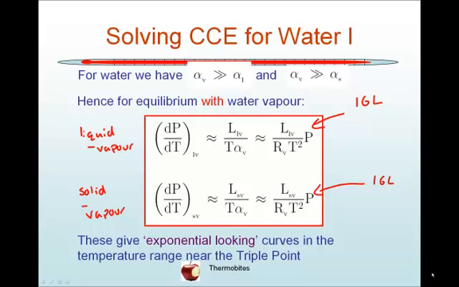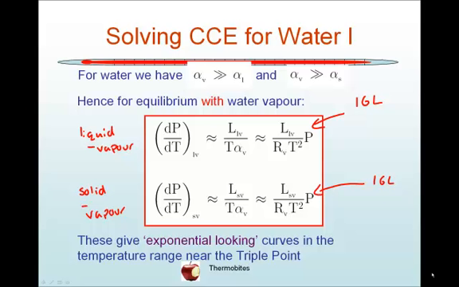So dP/dT for liquid to vapor is approximately equal to the latent heat between liquid and vapor, that's vaporization, divided through by the temperature and the specific volume of the vapor. And you can use the ideal gas law for the vapor and replace alpha with Rv, the specific gas constant for vapor, times T, so you end up with the term on the right hand side.